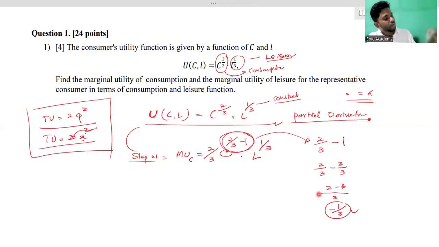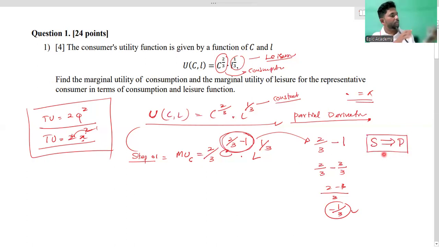In your calculator, you can identify the button named S arrow D. So it will turn it to a fraction. Press that one, you will get the answer minus 1 divided by 3. You calculated 2 divided by 3 minus 1.